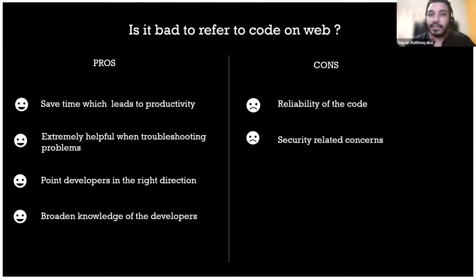So the first one is the reliability of code. Of course, the code you copy and paste might not be the most optimum solution for a problem. So obviously there is a risk about the reliability of the code. And the second one is the security-related concern. Sometimes you will introduce security concerns into your solutions because you blindly copy and paste the code.